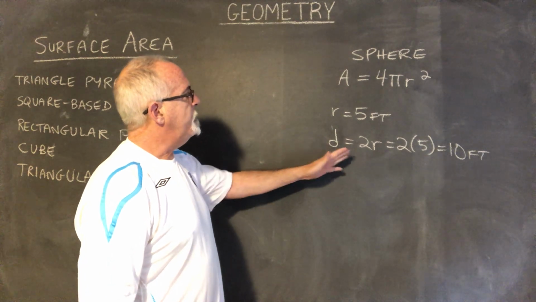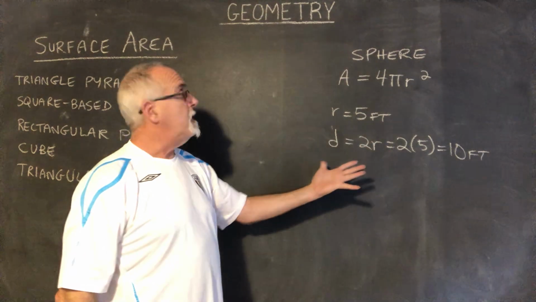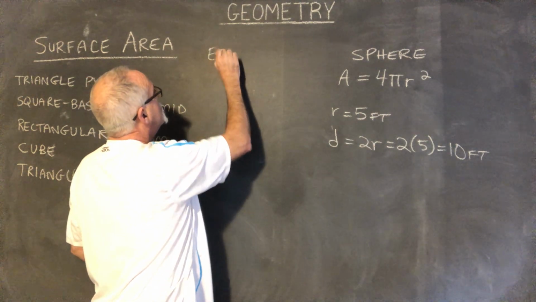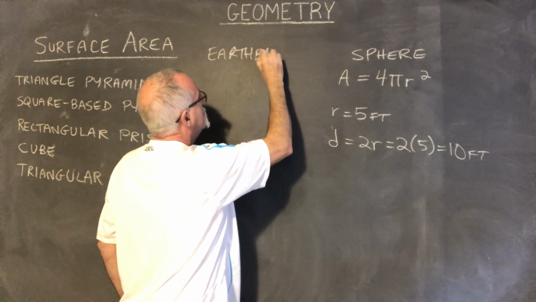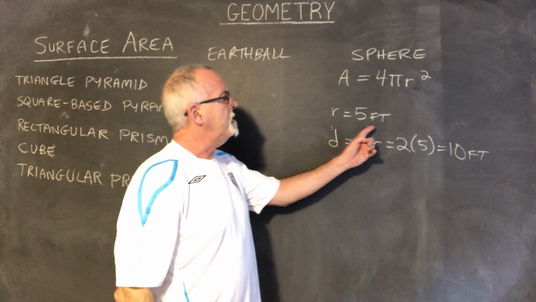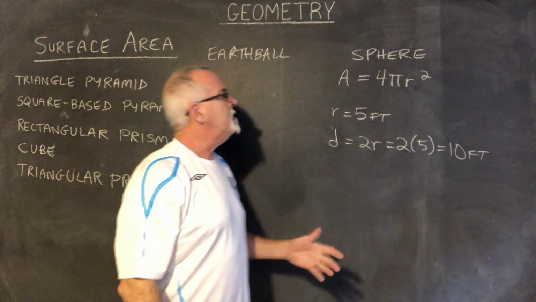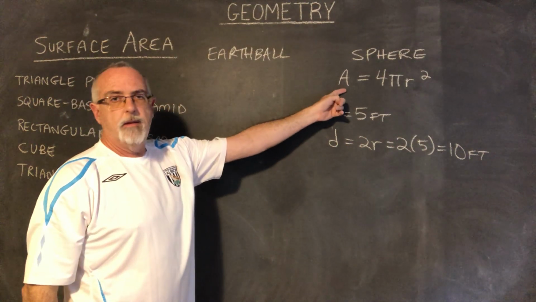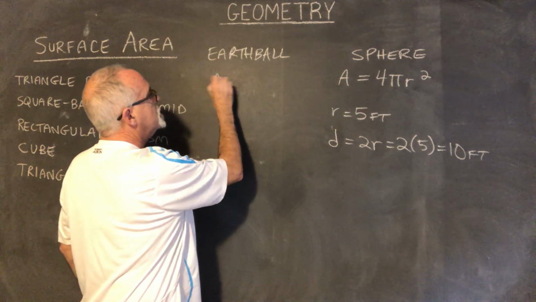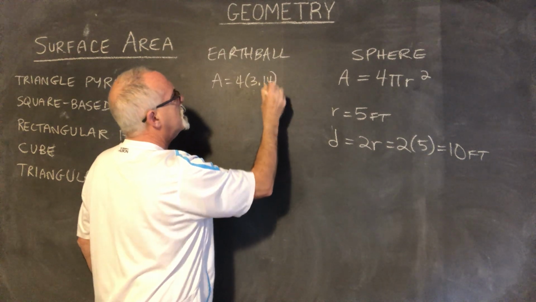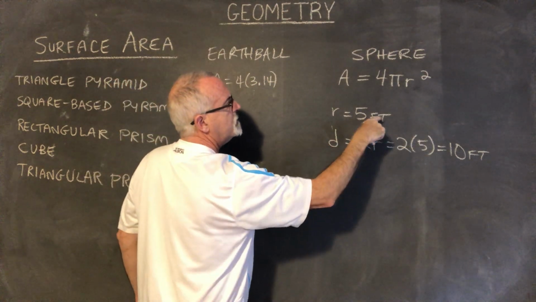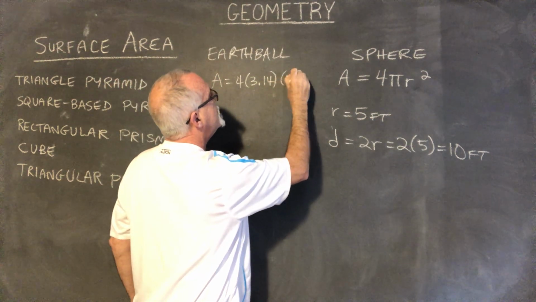All right, so we found out already for our earth ball one thing: given the radius, we know the diameter. Let's find the surface area. The area is going to be 4 times pi times the radius, which is 5, times 5 feet squared.